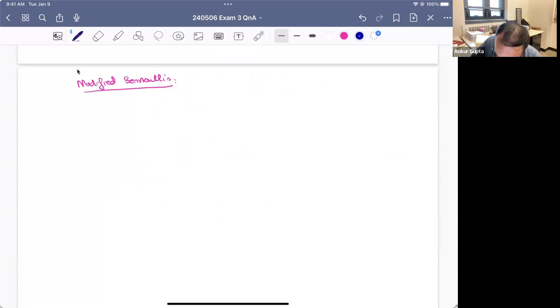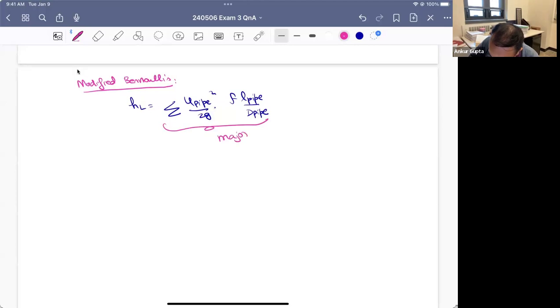Okay, so let's go here. Remember that this is the major loss. Now let's discuss each component. The question is which velocity to use for each loss. The most important point to remember is we have to use for the major loss the velocity of that particular pipe. So let's take an example.